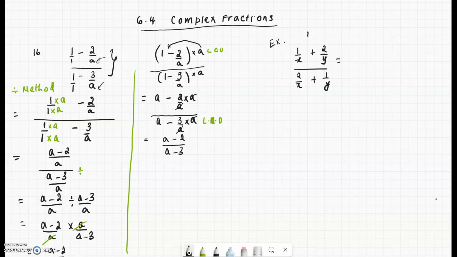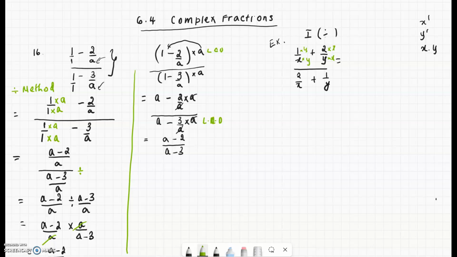So we're using method 1, which is the division method, which means we simplify the numerator first. The LCM of x to the 1 is one number and y to the 1 is the other number. Pick the largest x, pick the largest y, and it's xy. So in order to get an xy, we multiply the numerator and denominator with a y, multiply the numerator and denominator with an x.